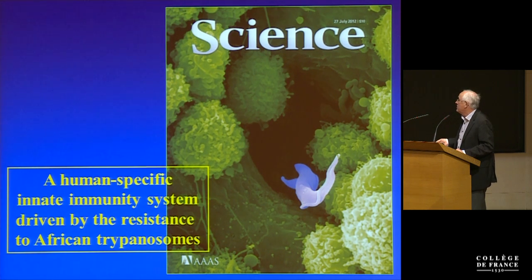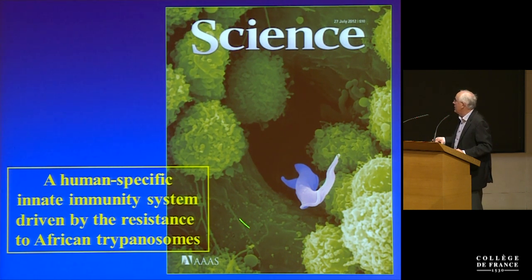I guess you all know that African trypanosomes are unicellular parasites that are able to infect a wide variety of mammalian hosts. What you should keep in mind is that these parasites are continuously extracellular, so they never enter the cells of the host.